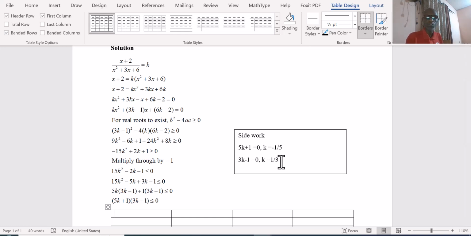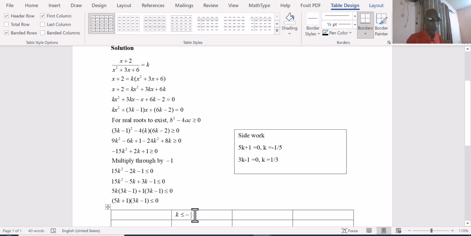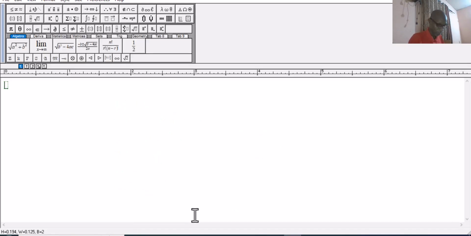So I will start with the smallest: k less than −1/5. Then the next one is −1/5 less than k less than 1/3.